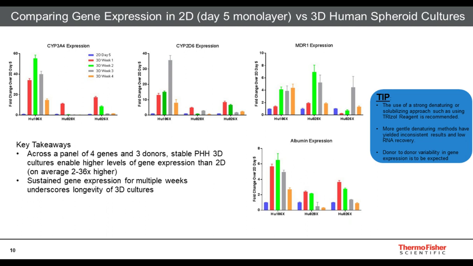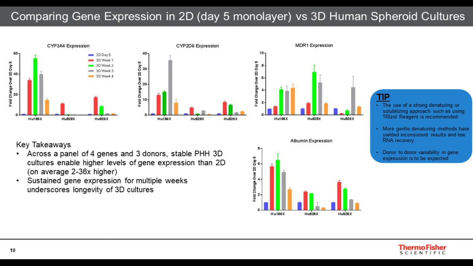This is RT-qPCR analysis of different CYPs, a specific transporter, and albumin. Starting from left to right at the top, we're looking at CYP3A4 mRNA levels relative to the blue bar, which you probably can't see because the levels are so low at day 5; those are all set at 1 because we're normalizing.